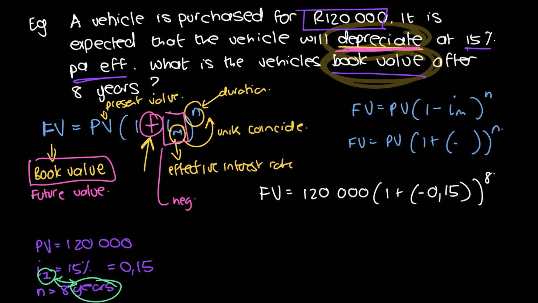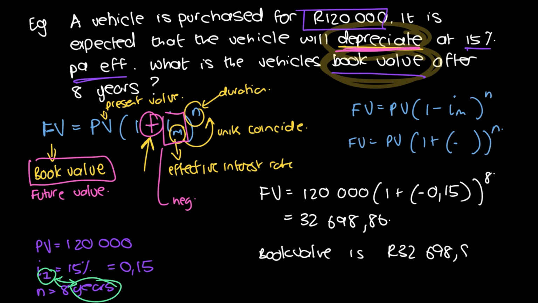And I do that because it matches the financial calculator approach, which we will be discussing next. And if you go ahead and put that on our calculator, we are going to get 32,698 Rand and 86 cents. So the book value after 8 years is 32,698 Rand and 86 cents.